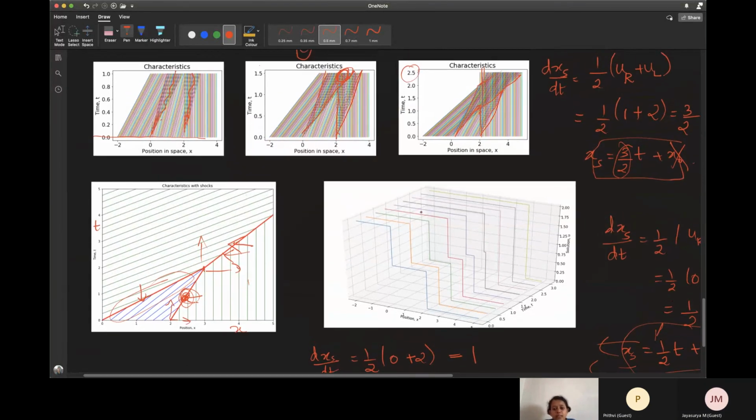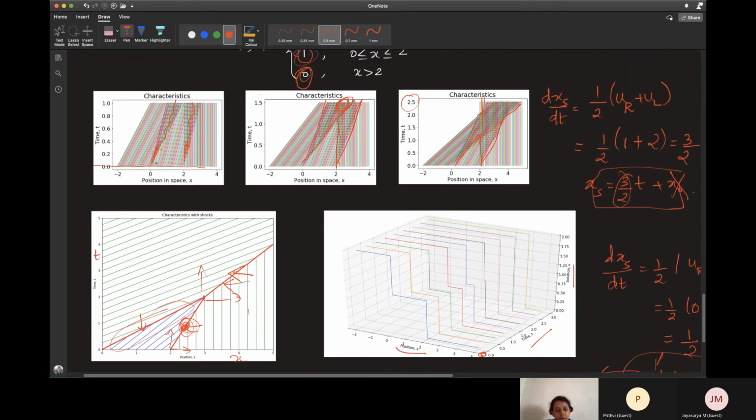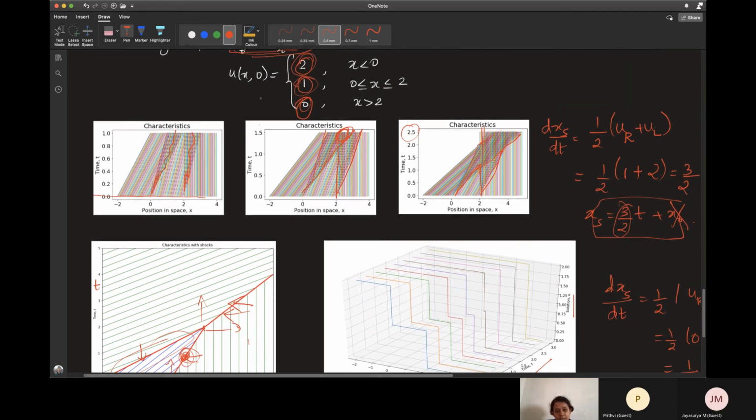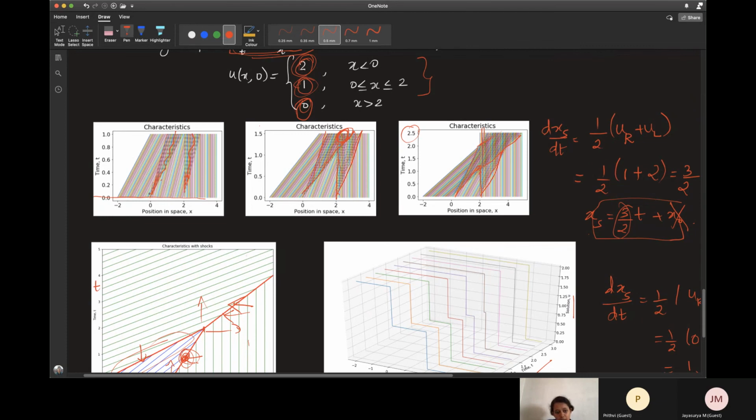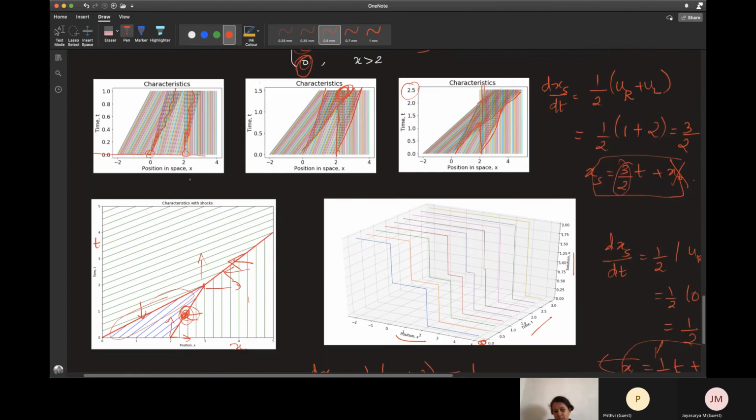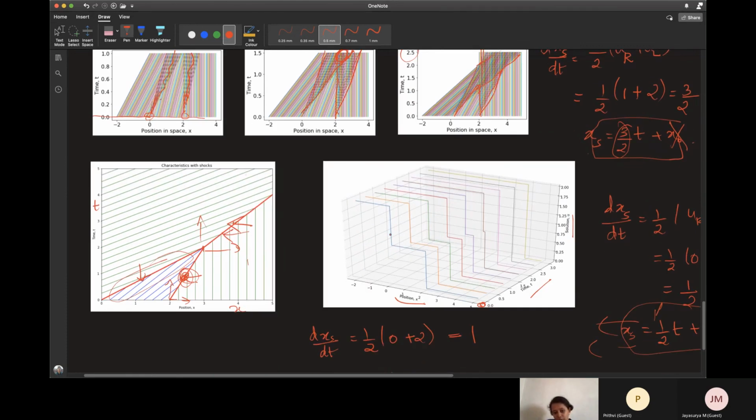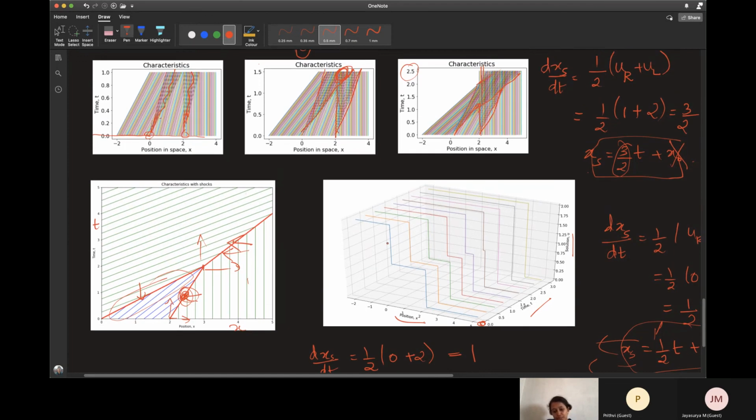Also, this is a 3D picture. Here we have x, time and solution u. So at time t equals 0, you have some discontinuity. That is, the initial condition itself is discontinuous, if you notice. So that is what is evident from this characteristic picture as well. So you have this blue curve with two discontinuities.